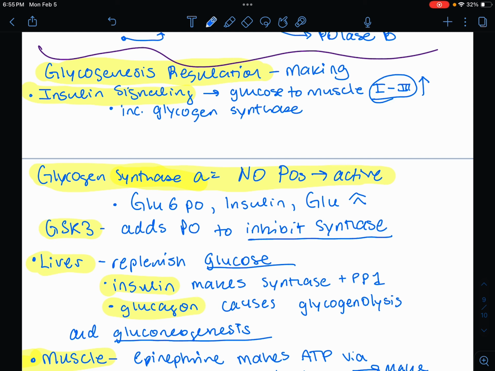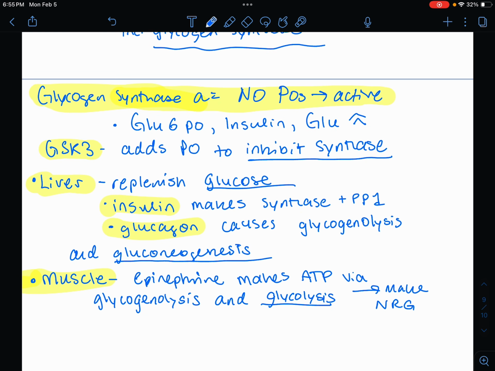We're also going to activate glycogen synthase. Remember, glycogen synthase requires UDP glucose plus our glycogen template to make new glycogen. All right, increased hexokinase activity will activate glucose, and then glycogen synthase will make more glycogen for energy storage, which I just basically said that.